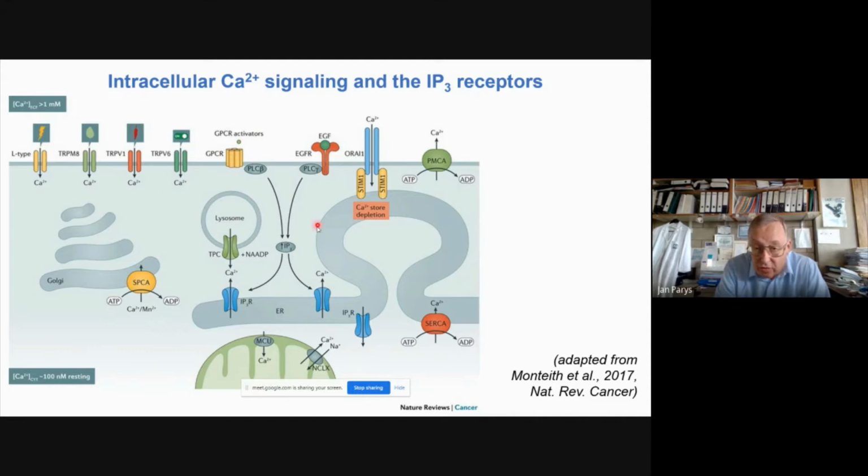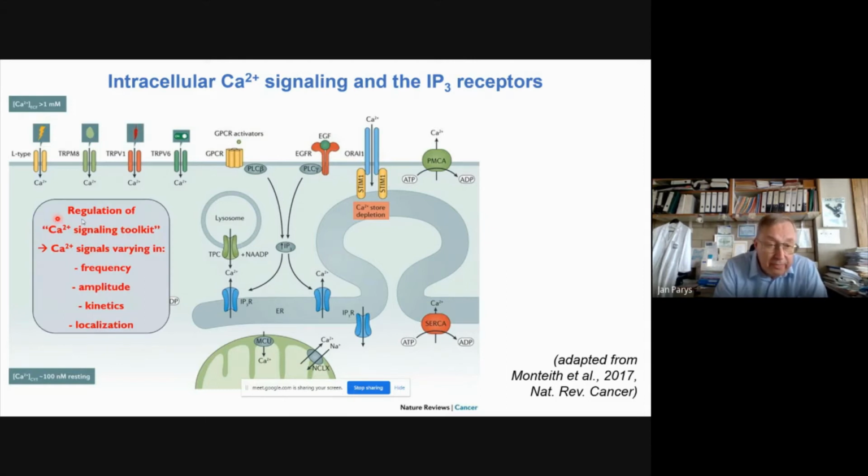In all the various organelles, there are those transporters, and it is the regulation of those transporters which globally is known as a calcium signaling toolkit, a name which was coined by the late Mike Berridge, and this regulation allows the calcium signal to vary in frequency, amplitude, kinetics, and localization, and this is, of course, important to perform the regulation of various processes in the cell. And I will obviously focus on the IP3 receptor.